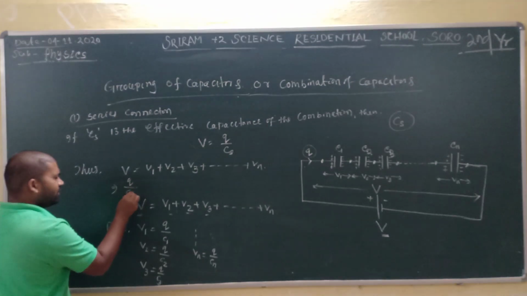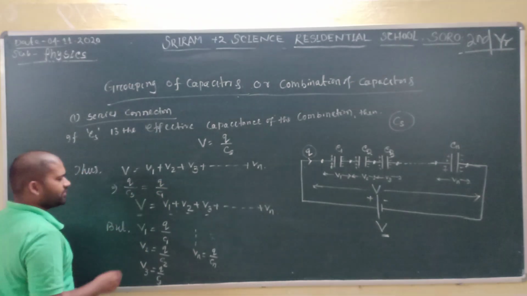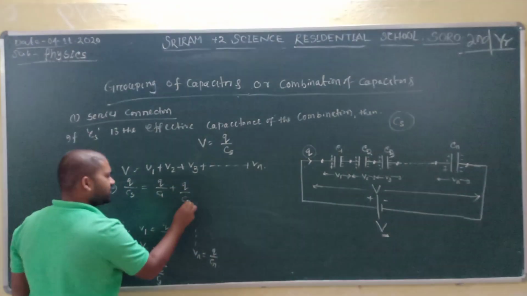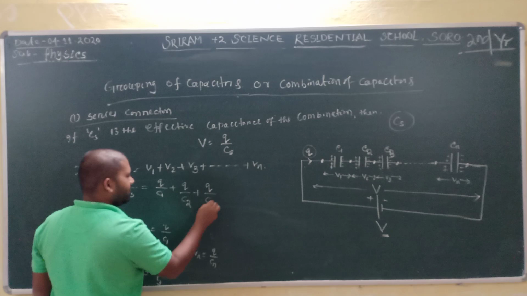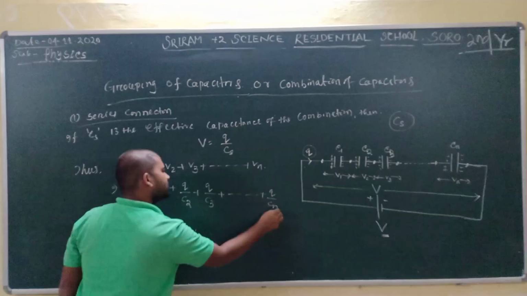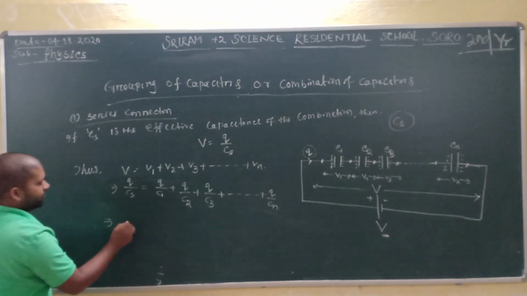equals Q divided by C1 plus Q divided by C2 plus Q divided by C3 plus Q divided by Cn. Understand? So take Q common.